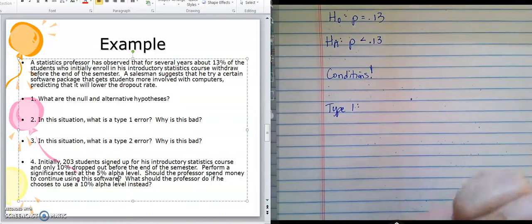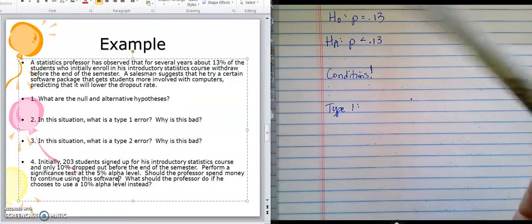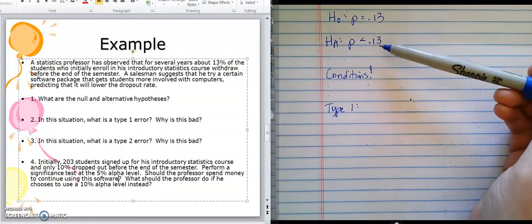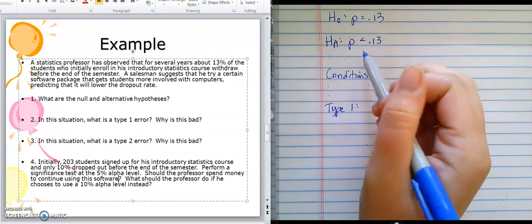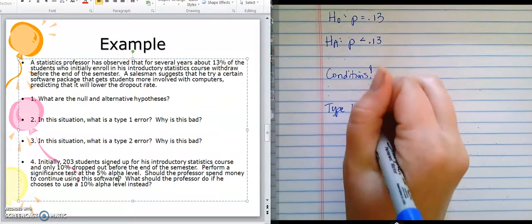Type 1 in this case is when he rejected the null, but it should have been retained. So in context, don't forget, type 1 is saying he rejected the null, he said that the software package did work when it in fact didn't.